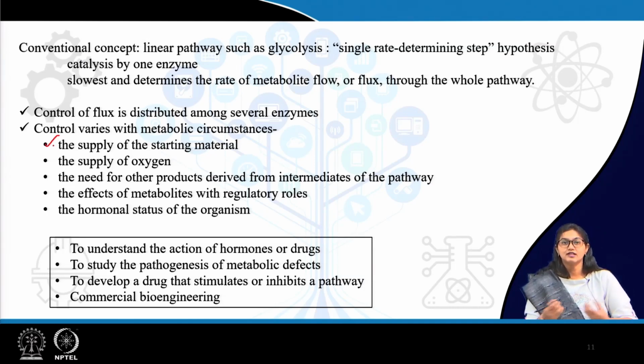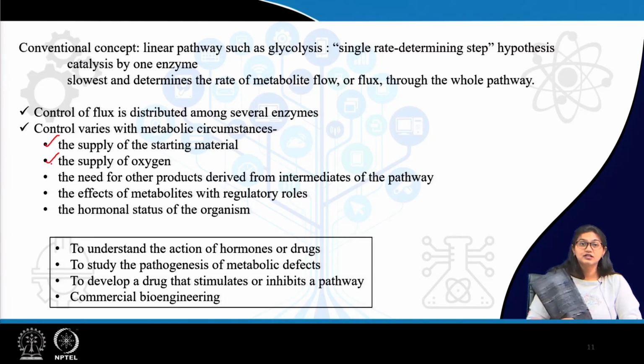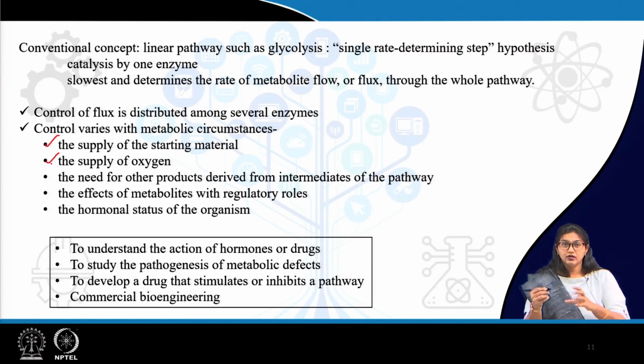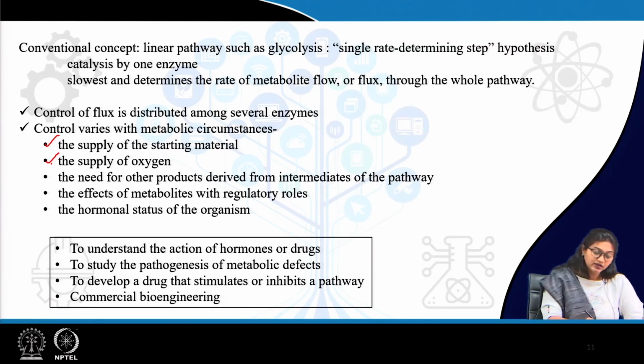How much substrate is there, how much oxygen is there, what are the intermediates, what is the effect of those metabolites or intermediates over the enzymes or over other metabolites, what are the external effects like hormones.